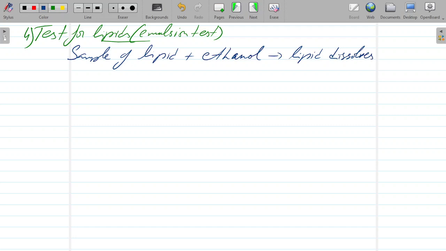With this, you then add this to a few centimeter cubes, so a small volume of water. If lipid was present in your sample, then a milky white emulsion will form.